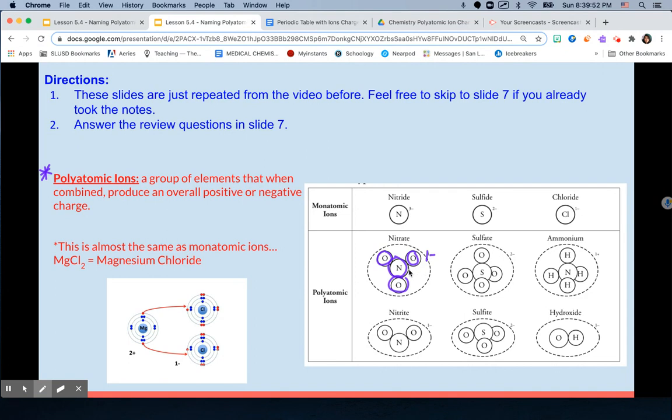I'm going to give you a reference sheet to identify the names of the polyatomic ions, their charges, and their formula. And as we go through this lesson, we're going to try to find out, okay, if I have this polyatomic ion and it needs to combine with something like Mg, what will be my formula and what will be my name, right?